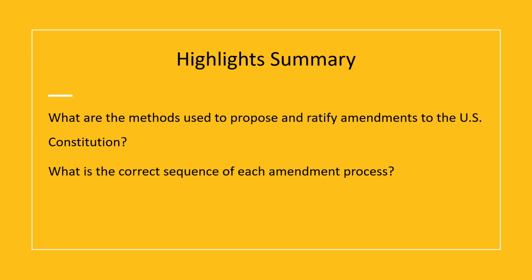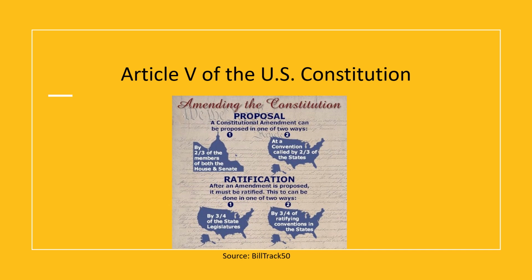What are these methods and what is the correct sequence? We'll be focusing our attention on this information graphic. This information graphic includes the two different proposal processes and the two different ratification processes that are outlined in the United States Constitution.